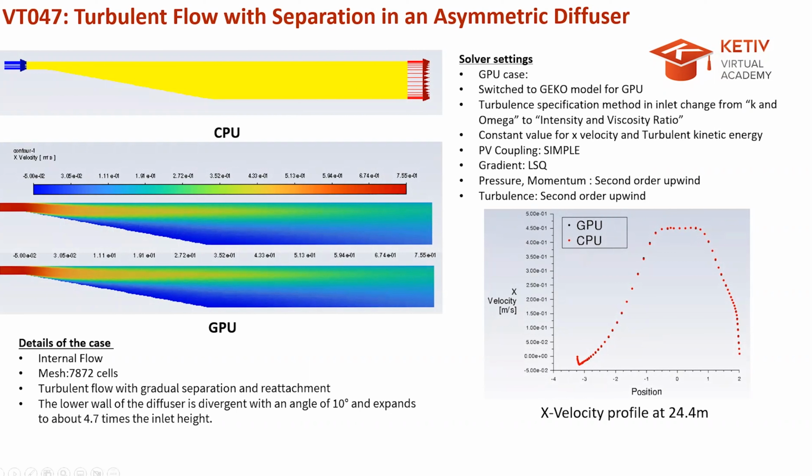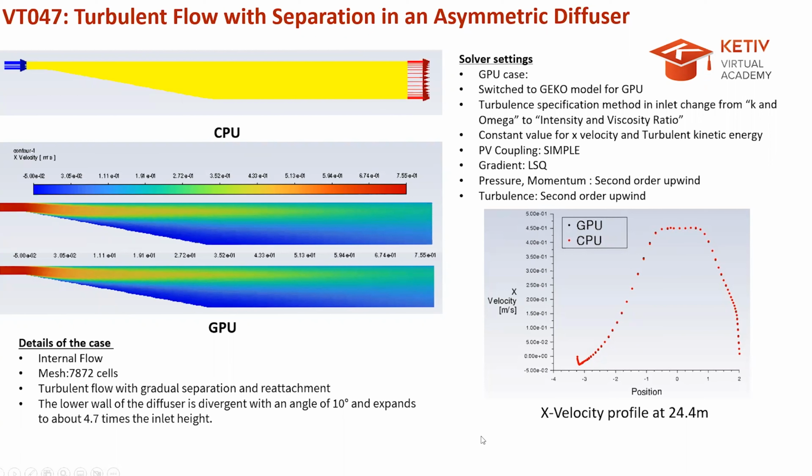And what we are basically doing is comparing the CPU and the GPU results. This mesh had around 7,000 cells, turbulent flow with separation and reattachment. And you're basically setting this up with the generalized k-omega model, and the pressure velocity coupling is done using a segregated solver, second order upwind for both pressure and momentum, and also turbulence.